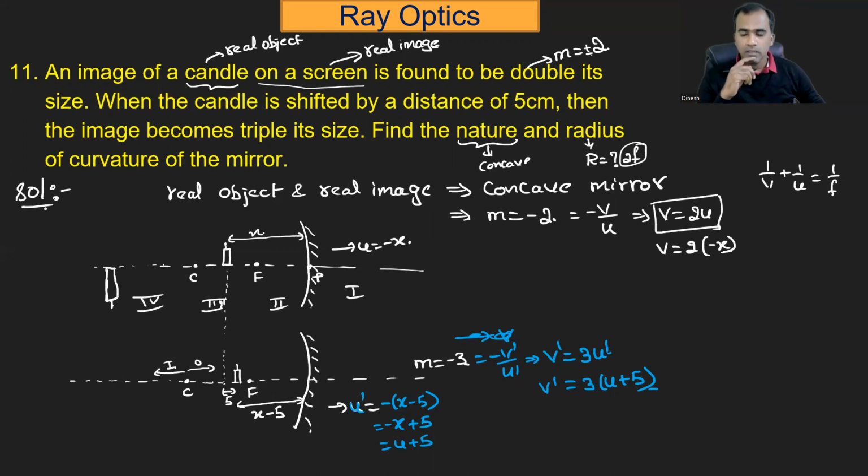Or am I complicating it by unnecessarily using all this, because they are talking about only the magnification factor? Okay, but anyway, let's try to solve it.